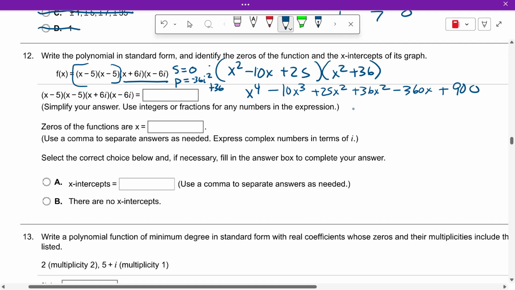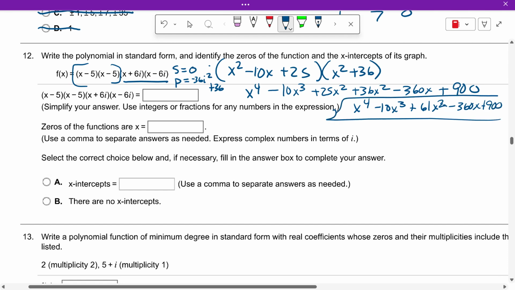So it's x to the fourth minus 10x cubed plus 61x squared minus 360x plus 900. So the zeros of the function are 5, negative 6i, and 6i. The x-intercept is just 5 because the zeros are the x-intercepts.